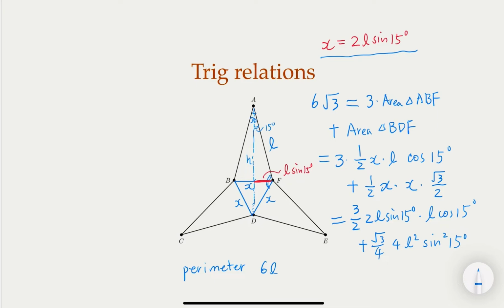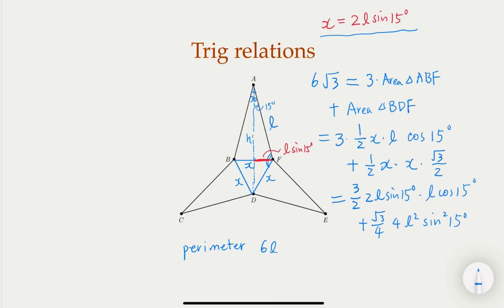In this math competition, sometimes it helps if you know sine 15 degrees, which is very commonly used. But in this case, you don't have to know that. It's nice to know, you can plug it in and solve the problem, but assume you don't know. That's okay.